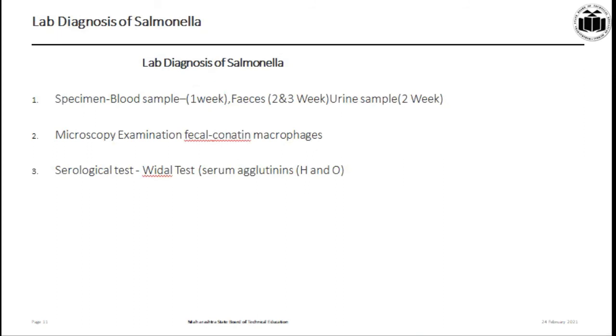When we look at the diagnosis methods for Salmonella, lab diagnosis can be done by various methods. The simplest method we are going to discuss is isolation of the specimen.